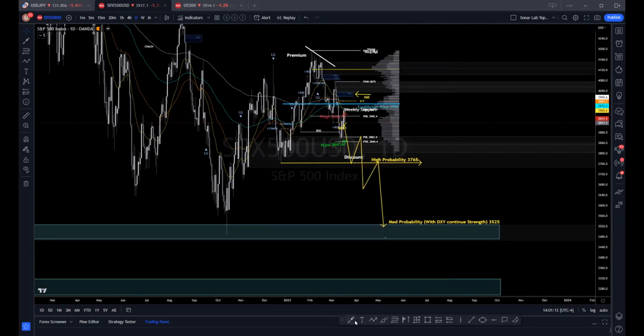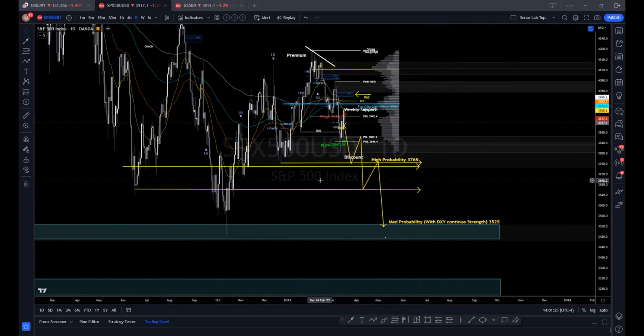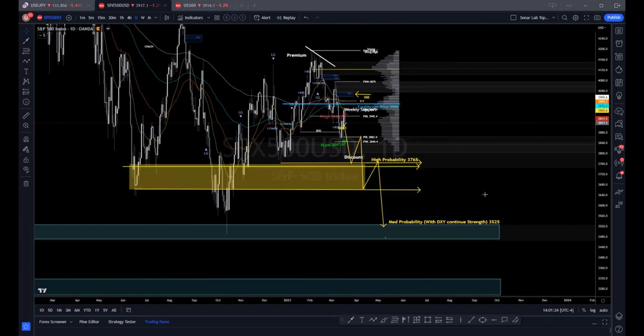Now, keep in mind, we do have some liquidity areas all in here, okay? It is all liquidity that can also be mitigated, and it doesn't have to go to this extreme low. All of this area, basically what I'm saying is, let me see right here, all this right here would be your demand zone, okay? In this area is when I would be looking to buy, right?